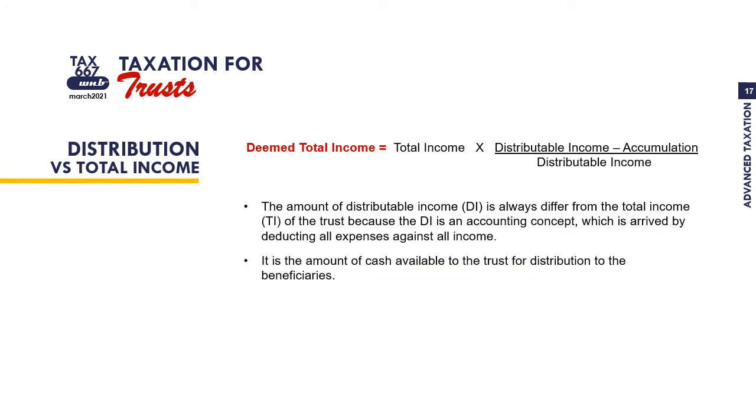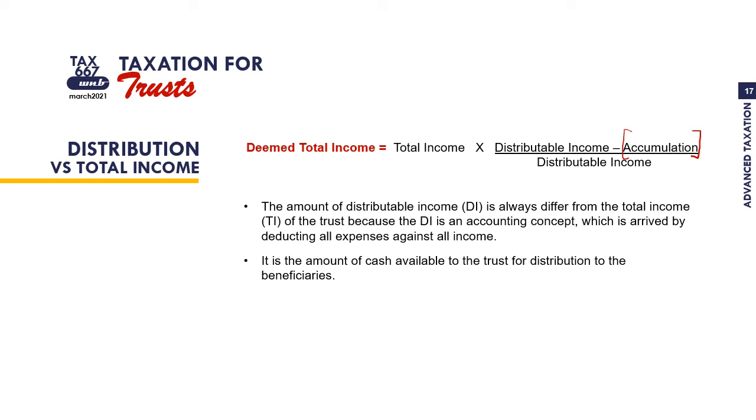So how to find the deemed total income? The formula is total income times distributable income minus accumulation over distributable income. This is the part of accumulation that we need to exclude from the total income.